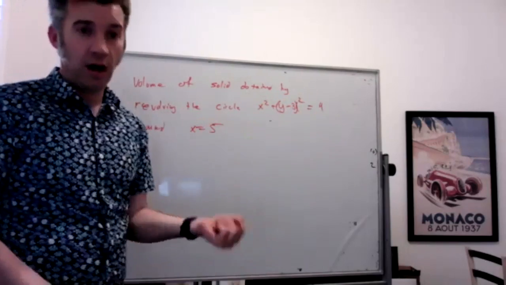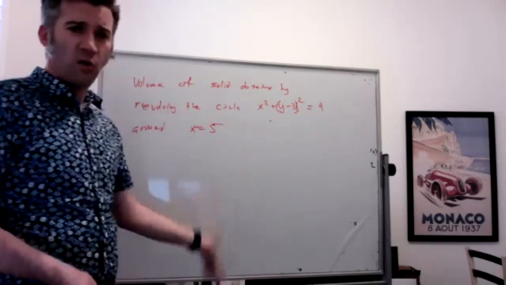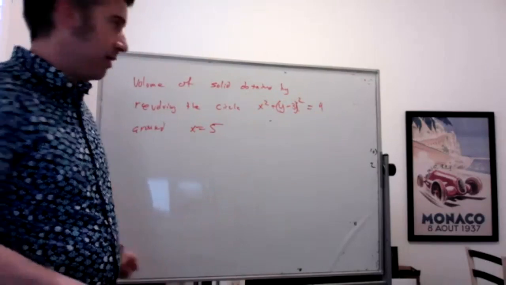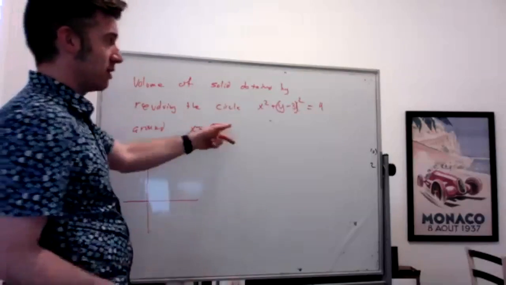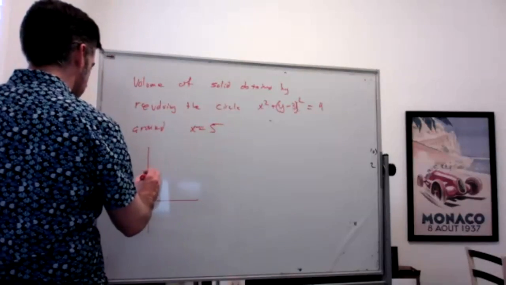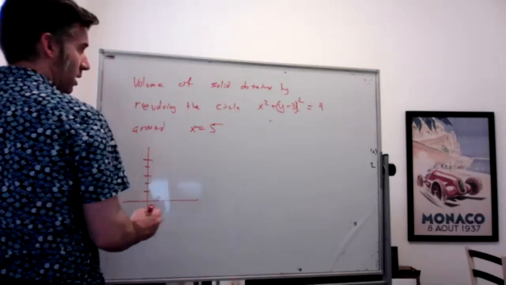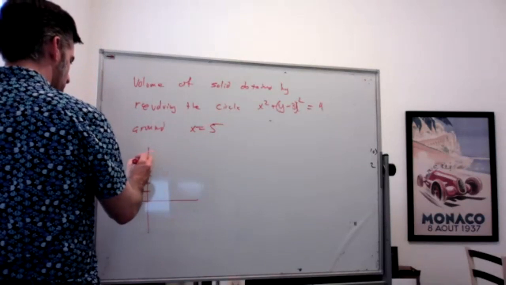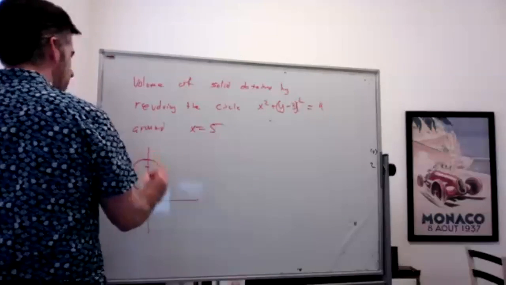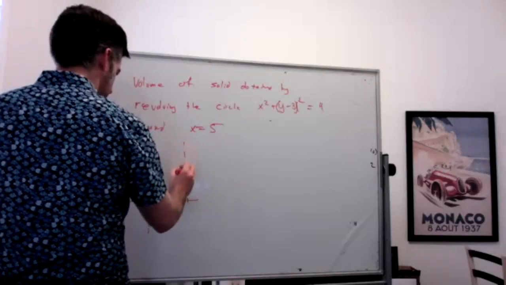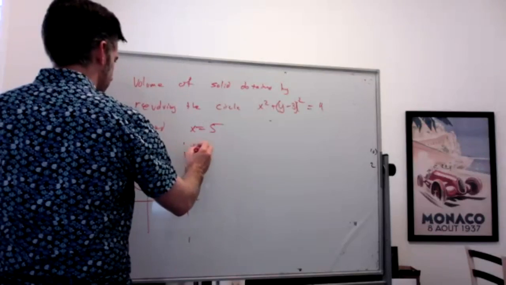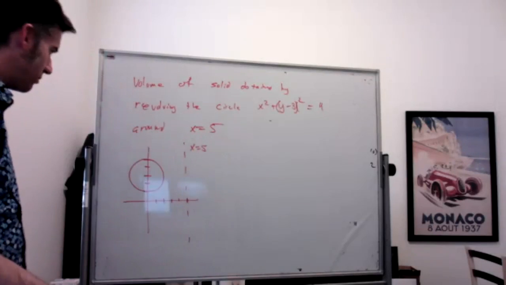This would be a quite challenging problem to do the regular way, right? So first of all, you have your circle, which has a center of (0, 3), a radius of 2, and then you'd be going around the line x equals 5.